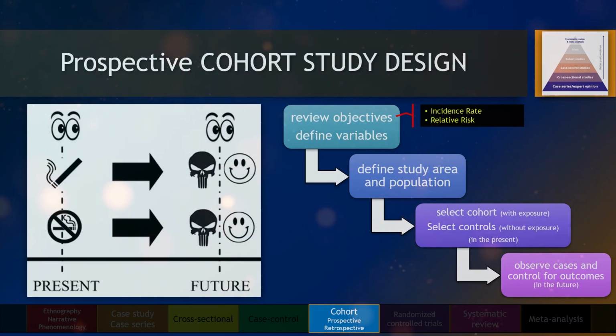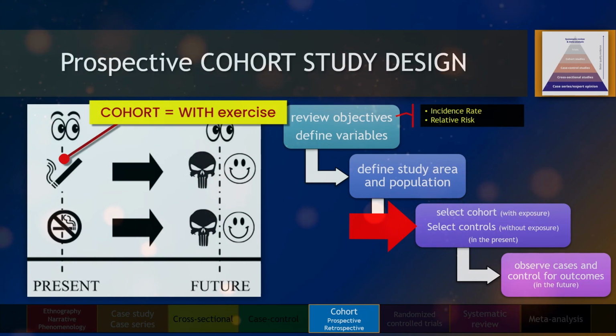Next, we define our study area and study population. Compared to case control studies, we select a population where we already know the presence of exposures rather than outcomes. After we define our study area and population, we need to select both cohort and controls, hence the name cohort study design.